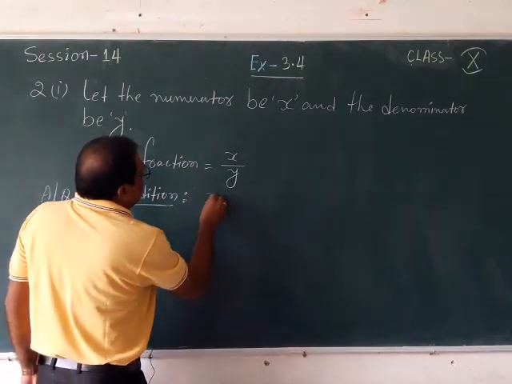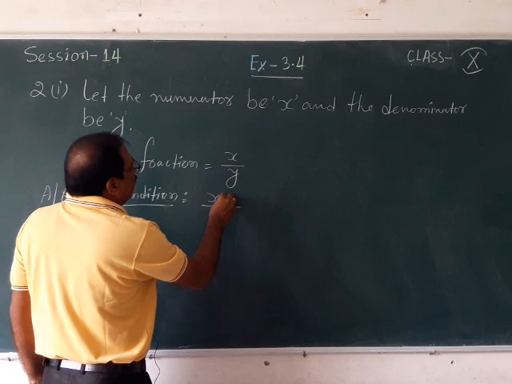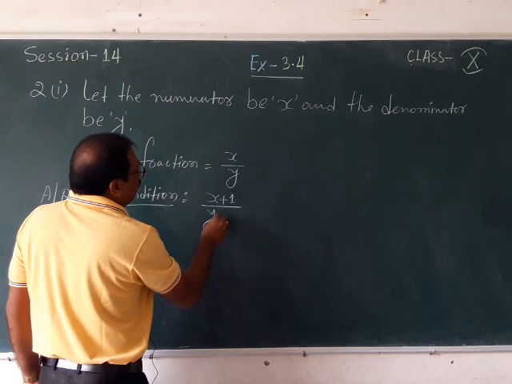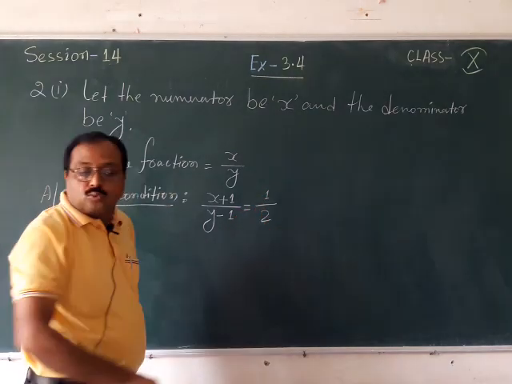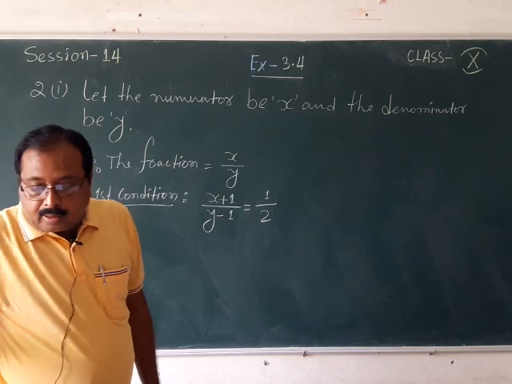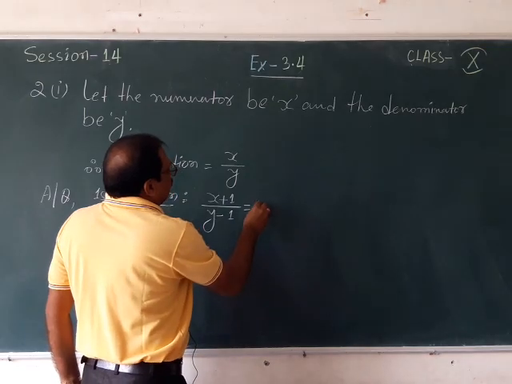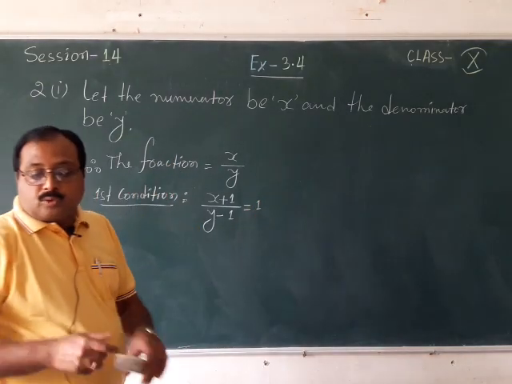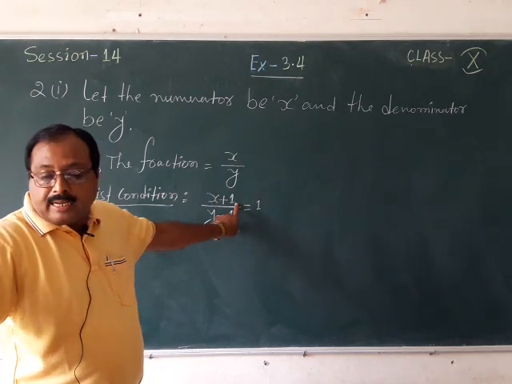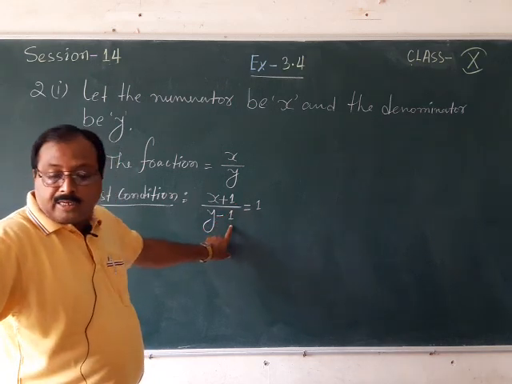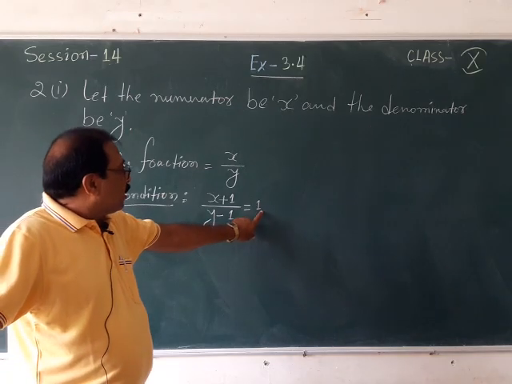That means in the numerator we need to add 1 and from the denominator we need to subtract 1, then the fraction becomes 1.